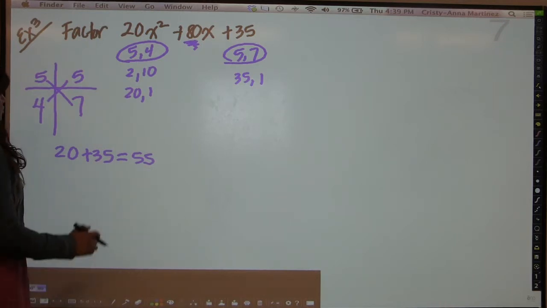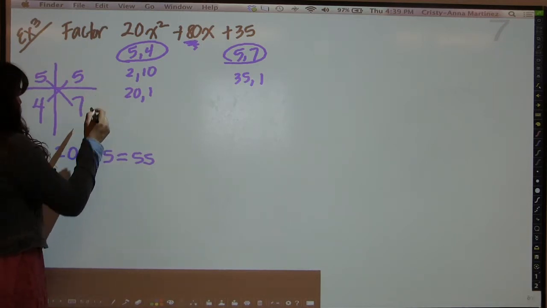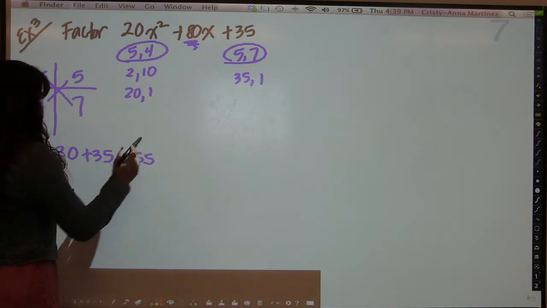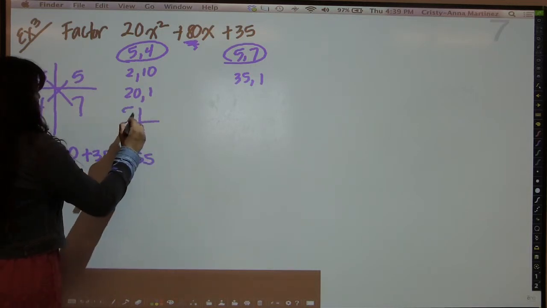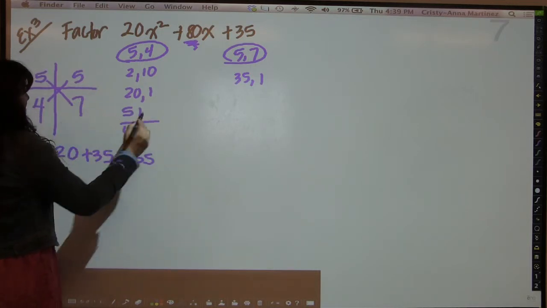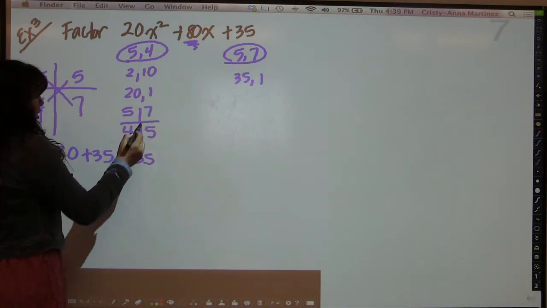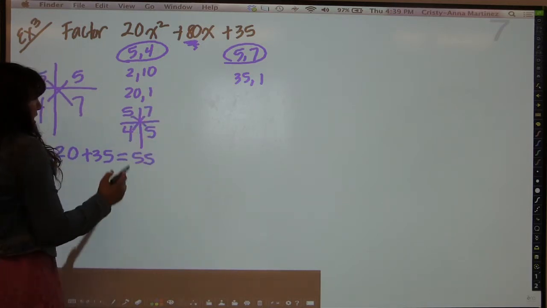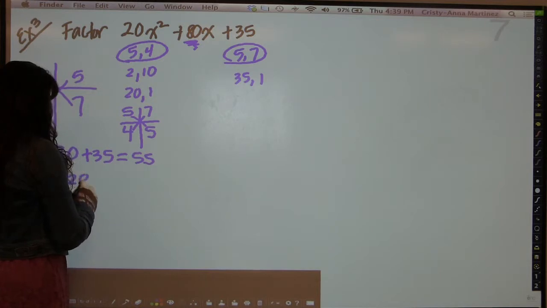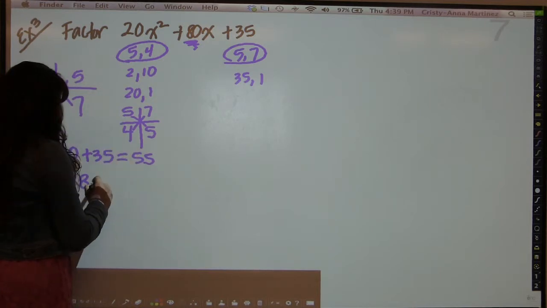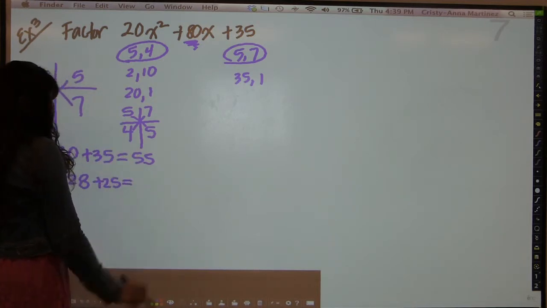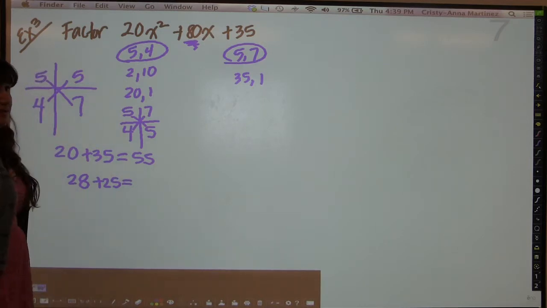So then I'm going to try to flip these around. Leave the 5 and 4 how they are and flip the 7 and 5. See if that helps. And now I get 4 times 7 is 28. And 5 times 5 is 25. And I don't know what 28 and 25 is, but I know that it's not 80.